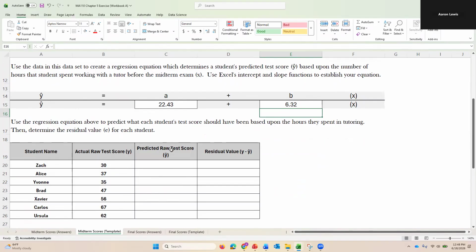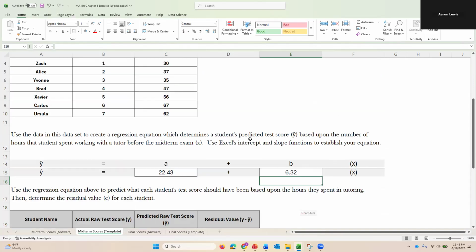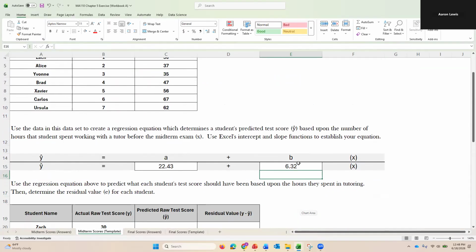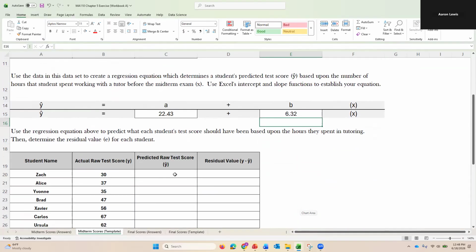And for our predicted raw test score, and that's our Y hat because the hat means prediction, we can just fill in the X, how many hours a student actually went to a tutor, up here into this equation. So for Zach, his predicted test score would be equal to our A of 22.43 plus our B, our slope of 6.32, times his X value, which is how many hours Zach went to a tutor in advance of the test.